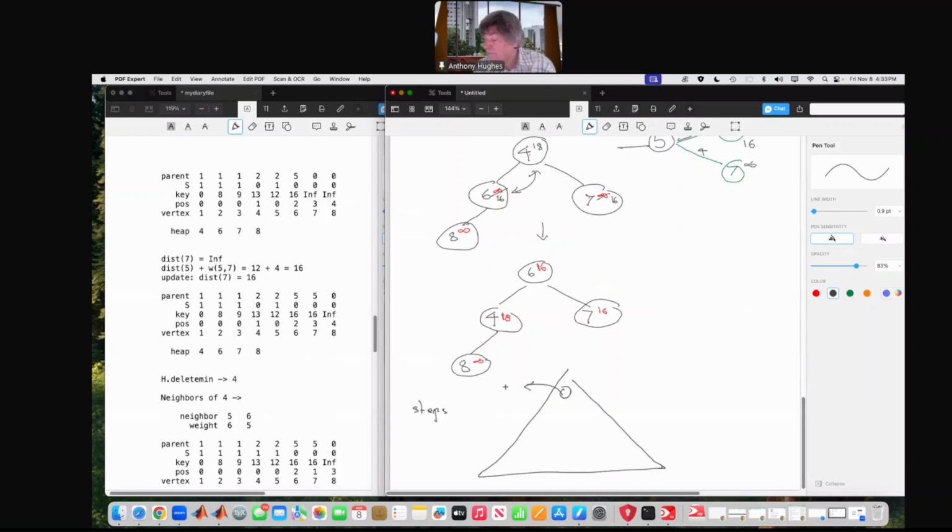Let's call that M for a moment. You move this one down. And then in order to balance out the tree, you sift it down so it's descended to the right spot. Okay, then what we do is we look at the neighbors of M.